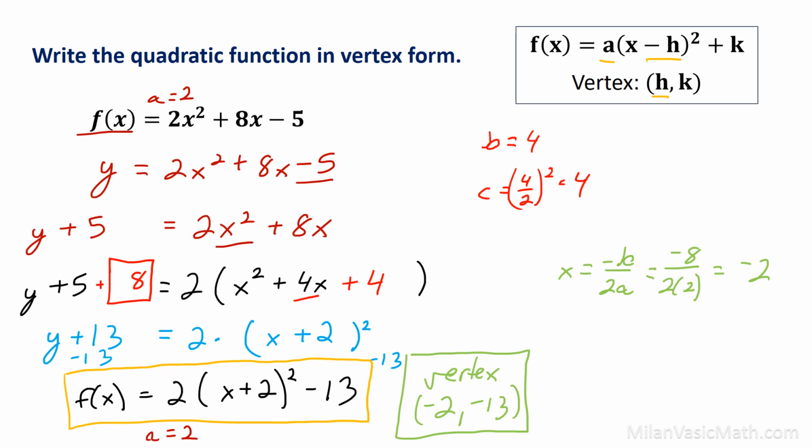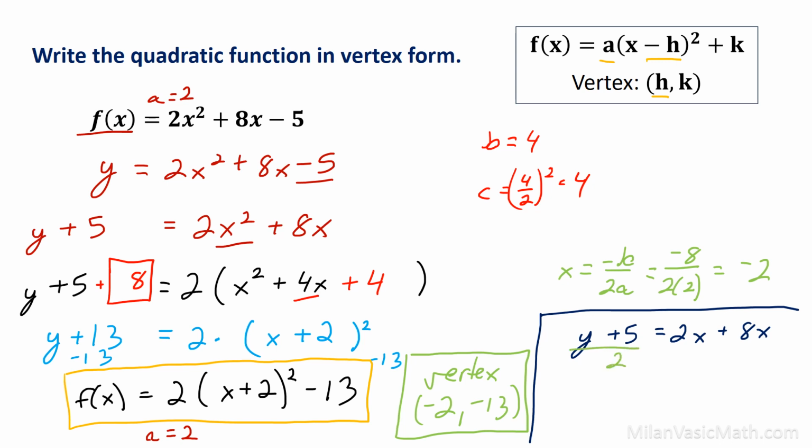Last, if you wanted to, and this is just optional, it really depends how you prefer to work, you could have also divided everything by 2, and this would also have worked.